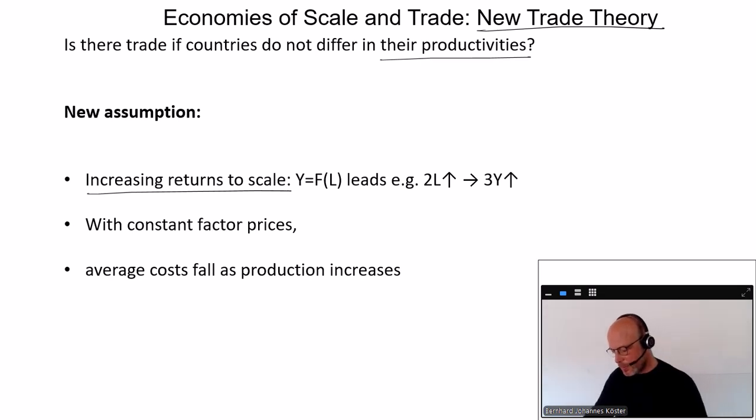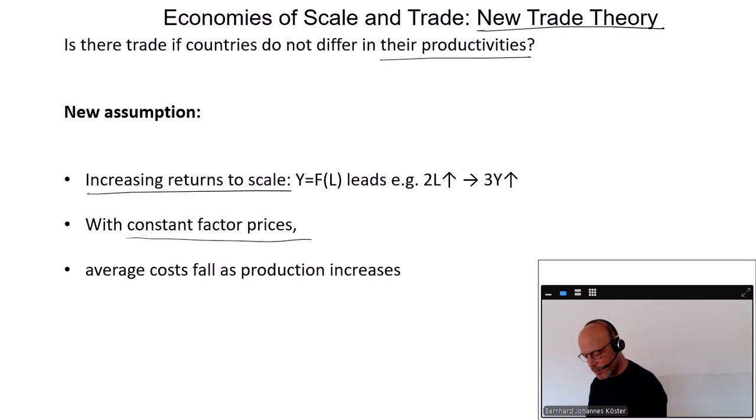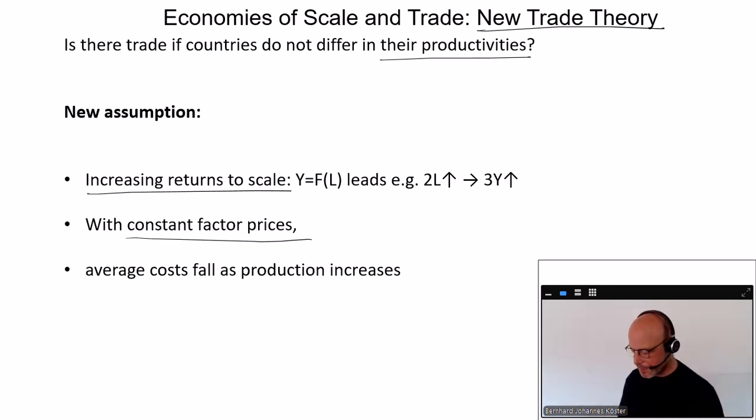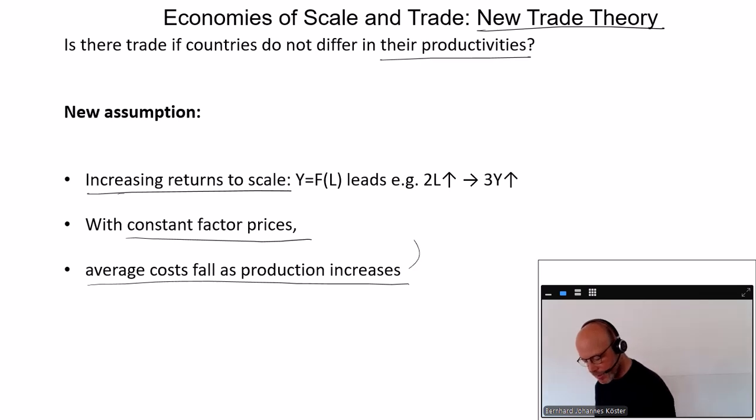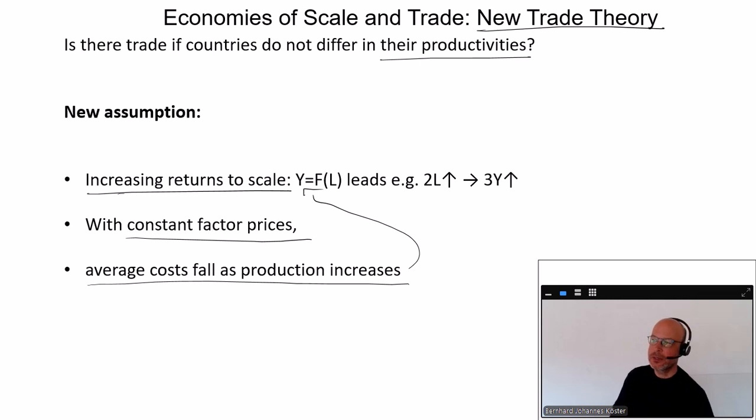Also, we still assume constant factor prices to keep things easy. From the increasing returns to scale, this means that the average cost will fall if we are producing more. This is due to our increasing returns to scale assumption.